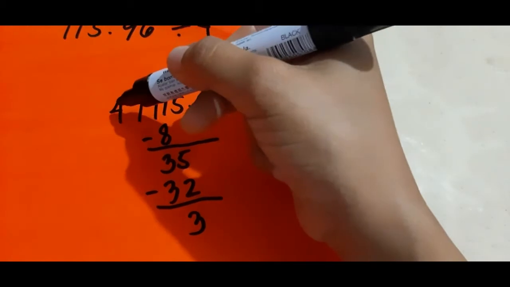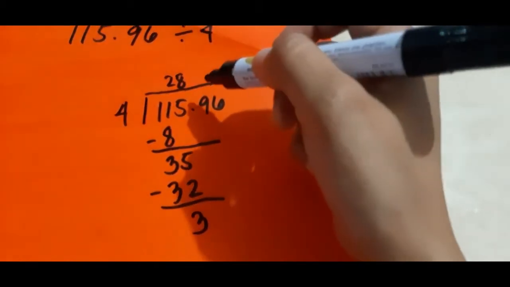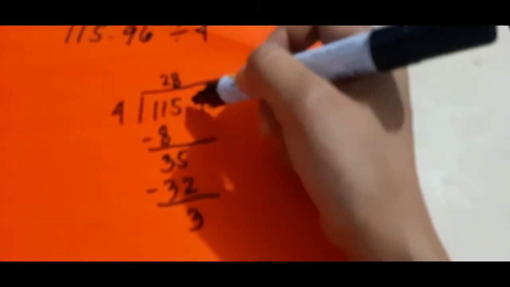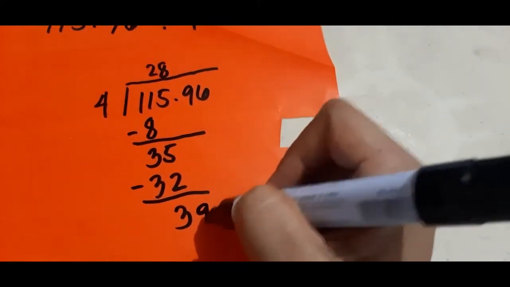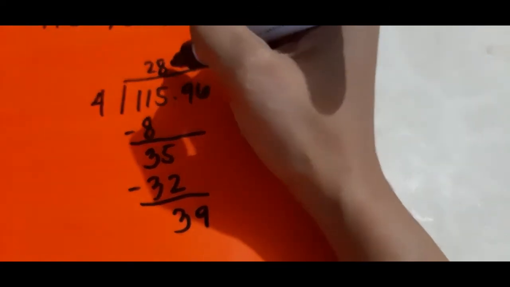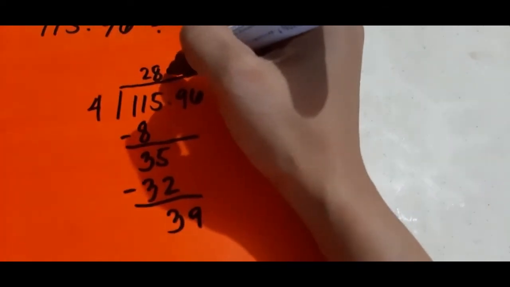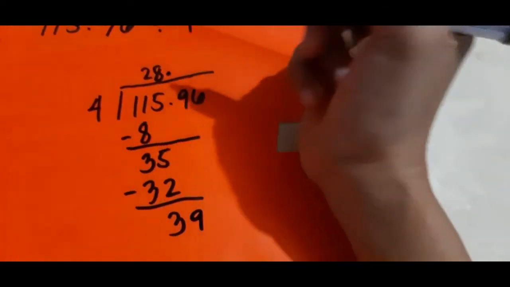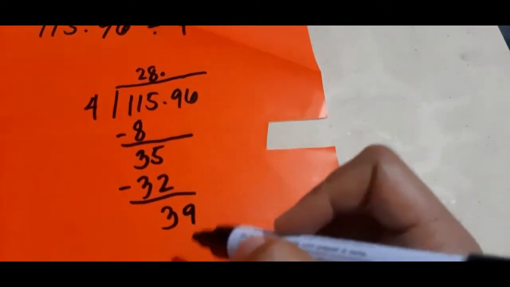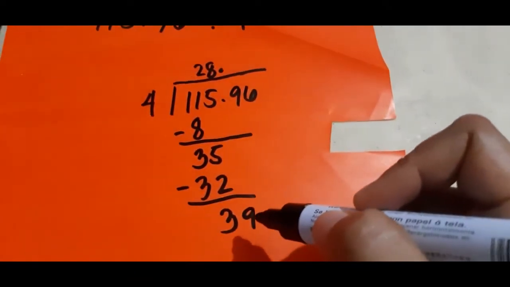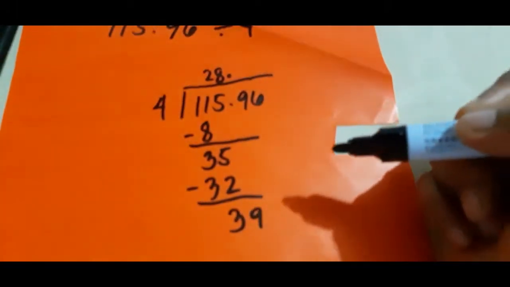3 divided by 4 cannot be, so we need to bring down 9. And since there is a decimal here, we need to place also the decimal here. So 28 point. What is the digit after the decimal? Let's find it by dividing 39 by 4.